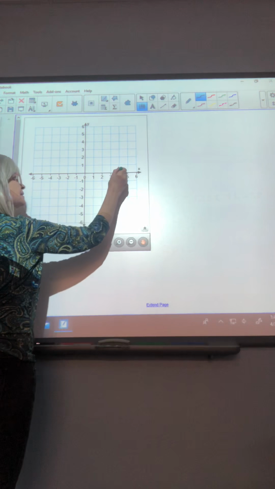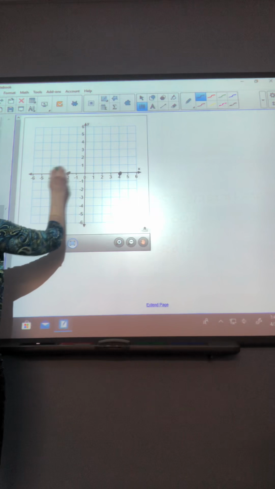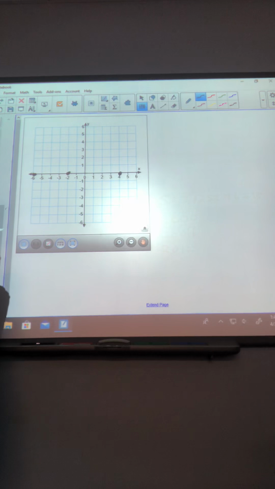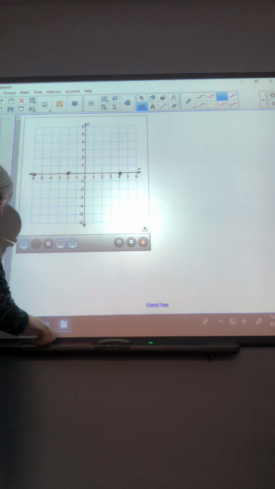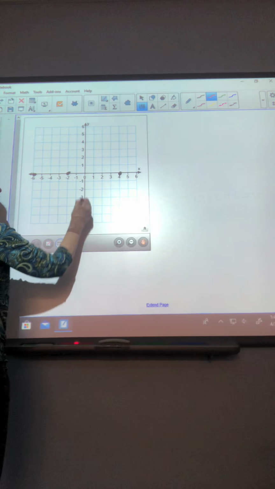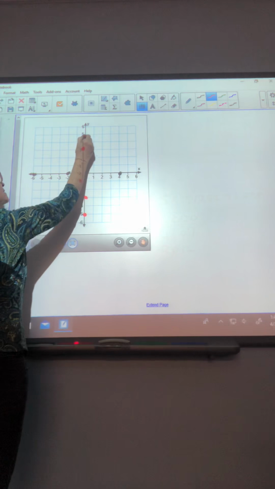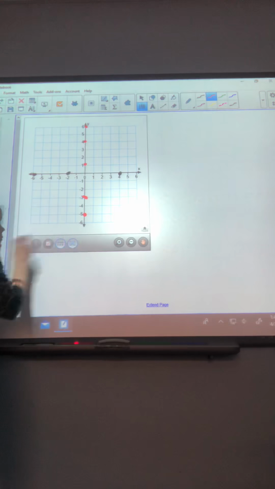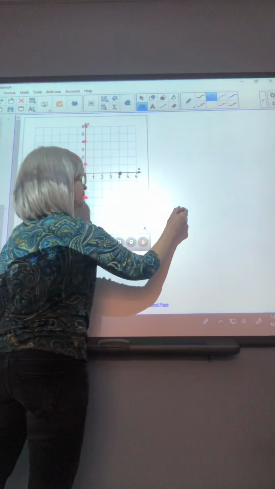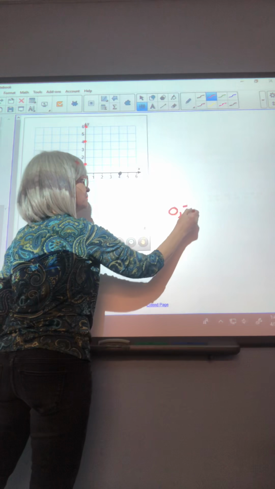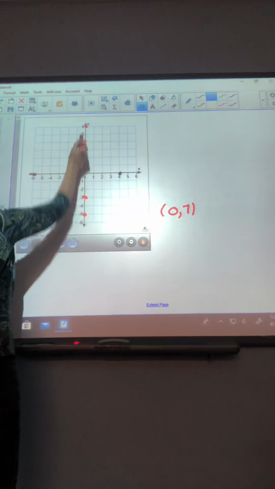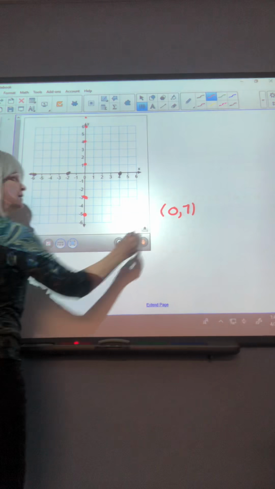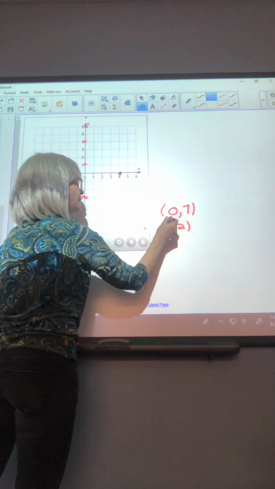Remember, any points that are on the x-axis will be the x-intercept. Any points that are on the y-axis will be the y-intercept. The y-intercept always has a 0 first and then the actual point where it is located.